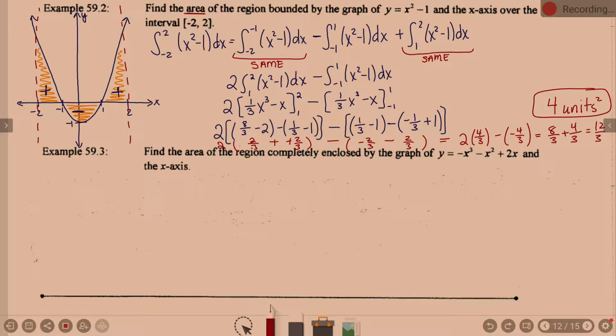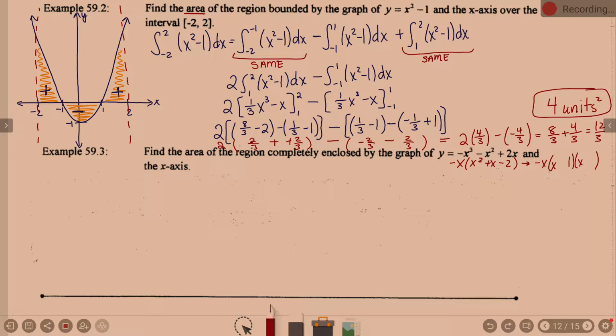Okay. Now, officially, if we factored this out, we could graph this by hand. That's what I'm going to tell you officially. Because if we factor out, say, a negative x here, then you're left with x squared plus x minus 2. Am I right there? And so then that's a negative x.